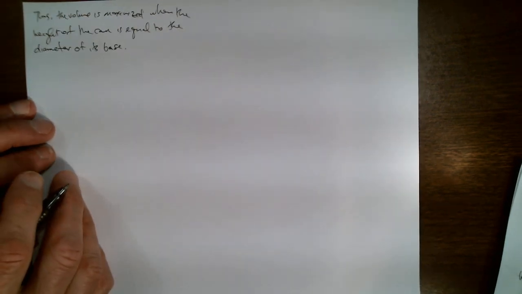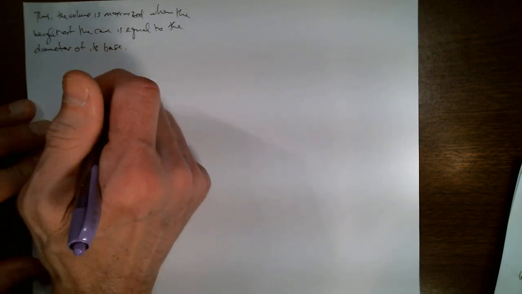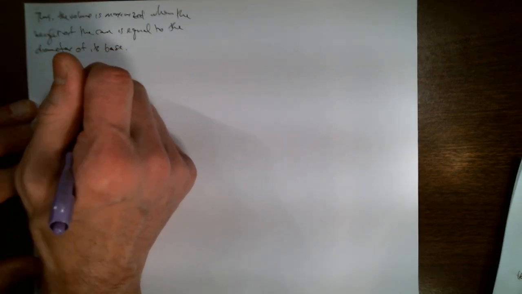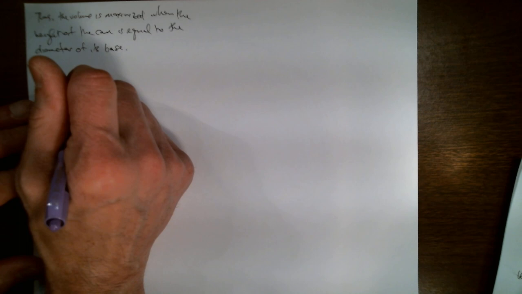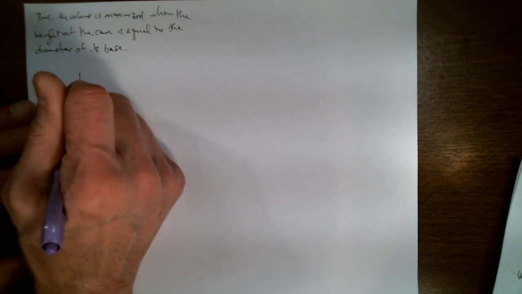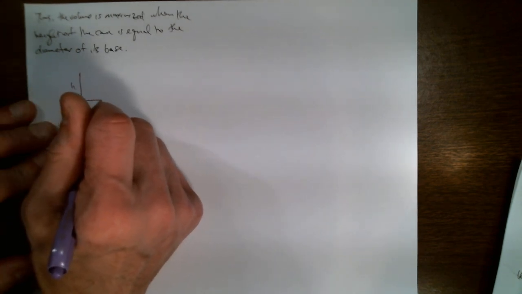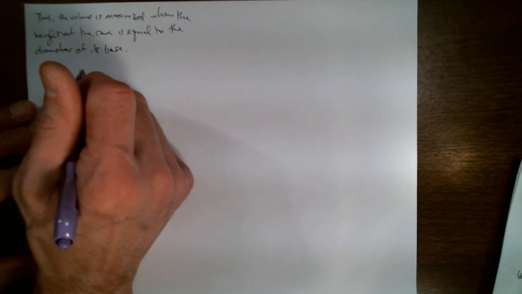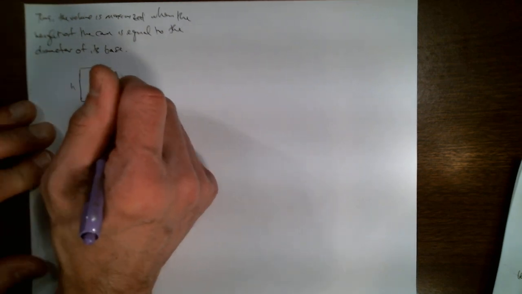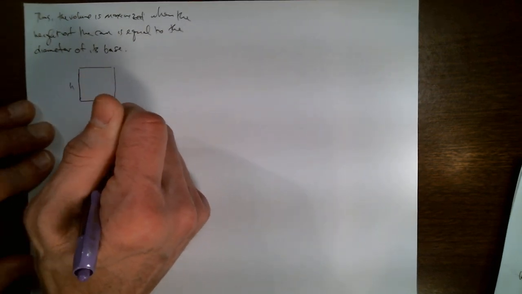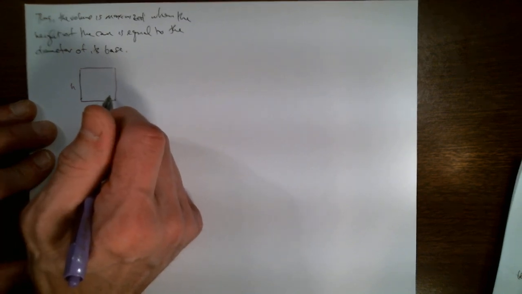Okay, and so in the picture here, if you would think of starting out just drawing a square, so let's say this dimension, which is also going to be the height of our can, and this is going to be the diameter of the base of the can.